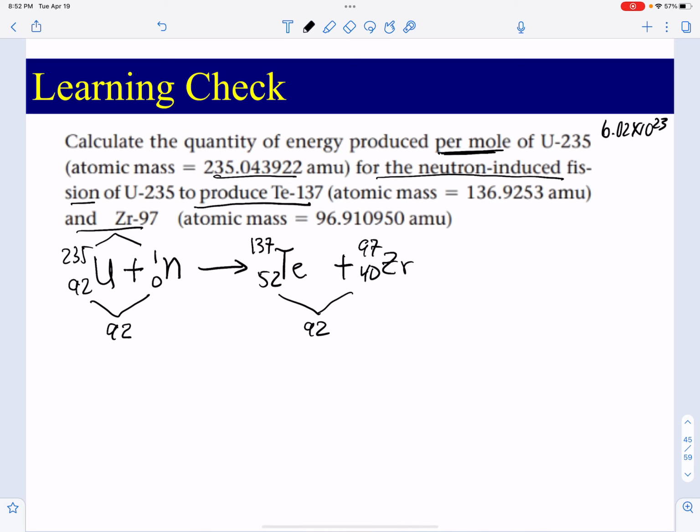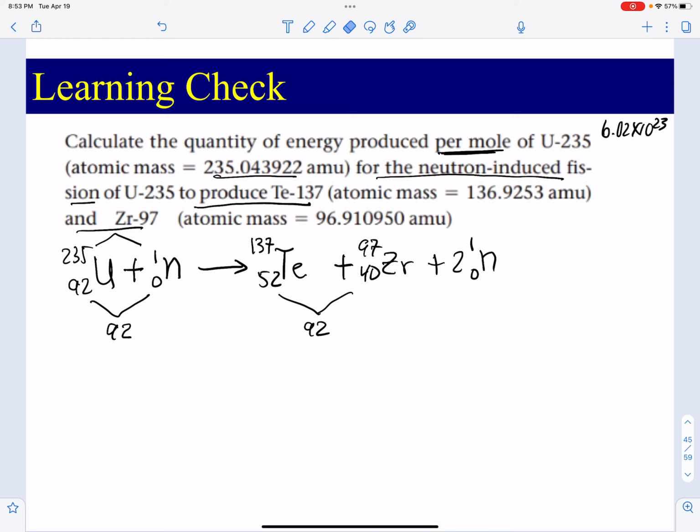The atomic mass, 236, 137 plus 97, that's 234. So that means I'm going to need 2 neutrons to make it 236. So that's what I have in there.